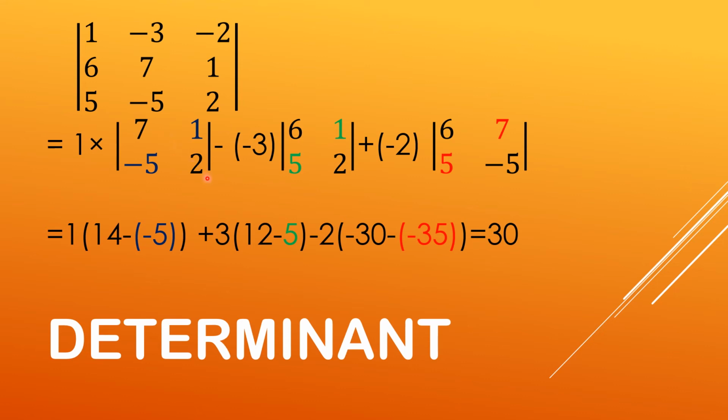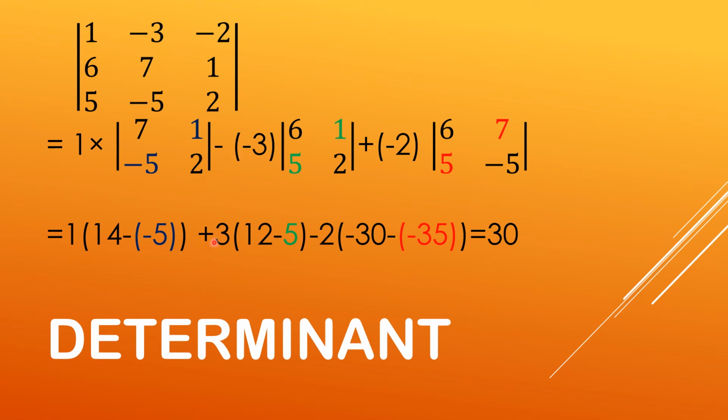The next step, we take 1 into, to find the determinant of a 2 by 2 square matrix, 7 into 2, 14, minus 1 into minus 5, minus, then minus 5 into 1, minus 5. Now here the negative and the negative make a positive.